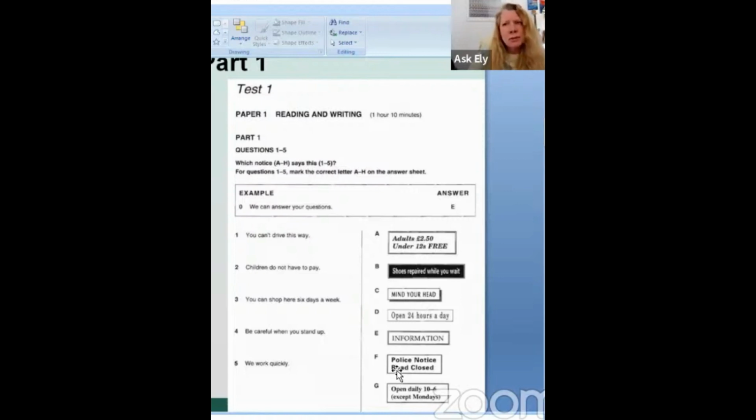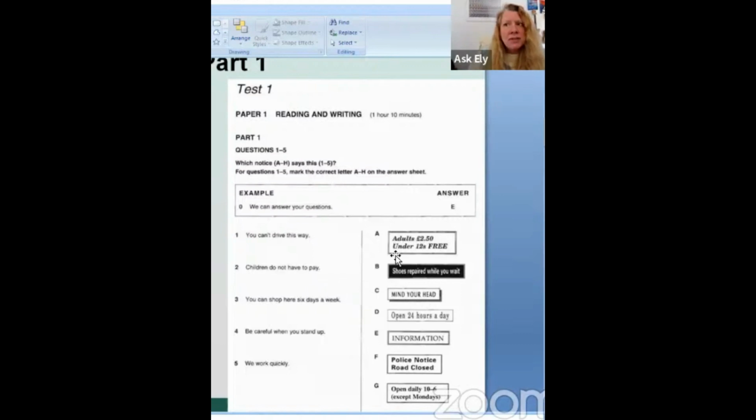Let's do number 2. Children do not have to pay. And what are the key words here? Children and not pay. They don't have to pay. Pay means money. Did you say money? Right. So children, they don't have to pay money. So now let's look at our signs.